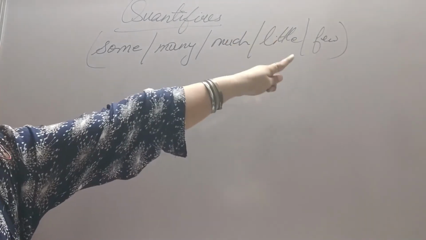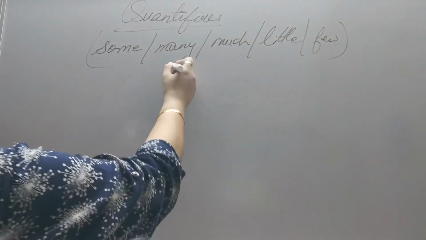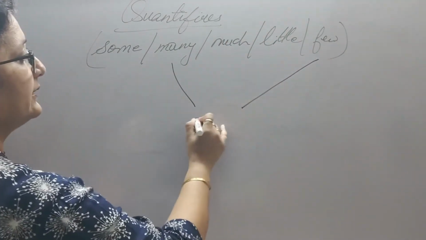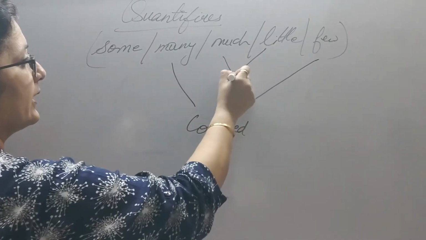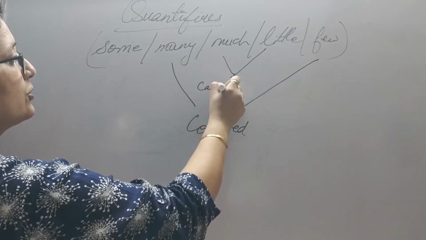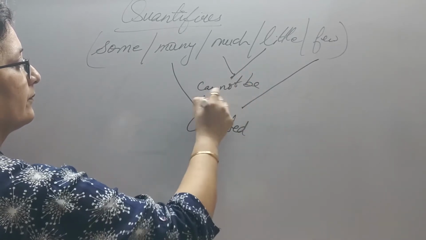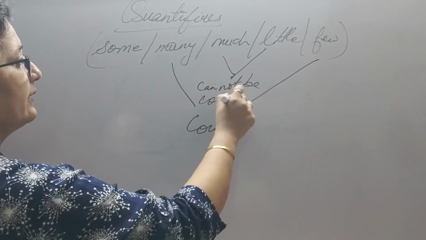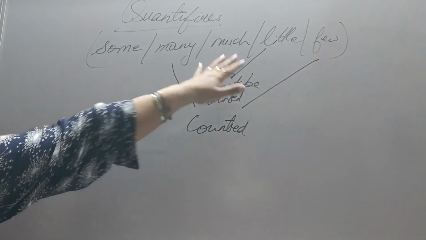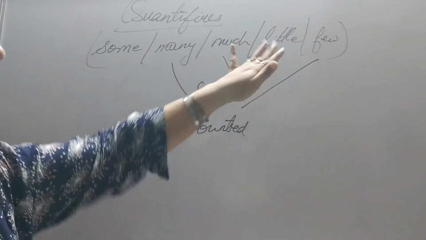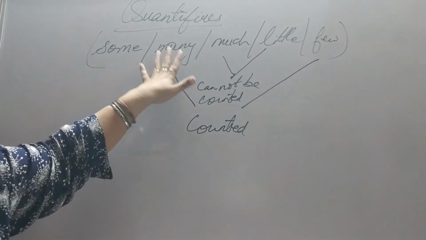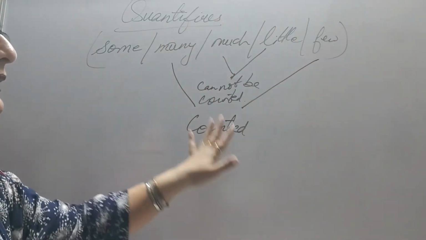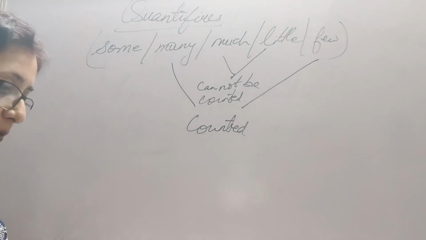No. Much and little cannot be counted. Get this concept very clear into your heads, children. Much and little are used with nouns which cannot be counted, whereas many and few are used with nouns which can be counted.